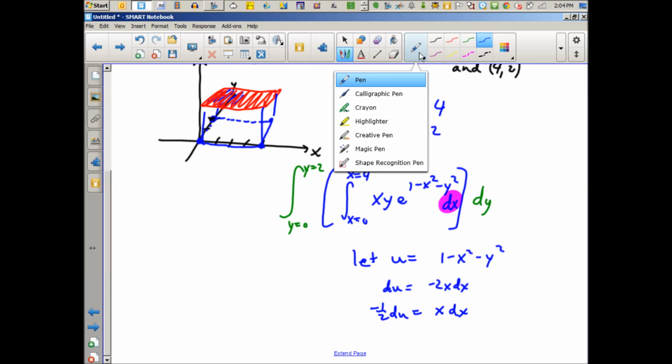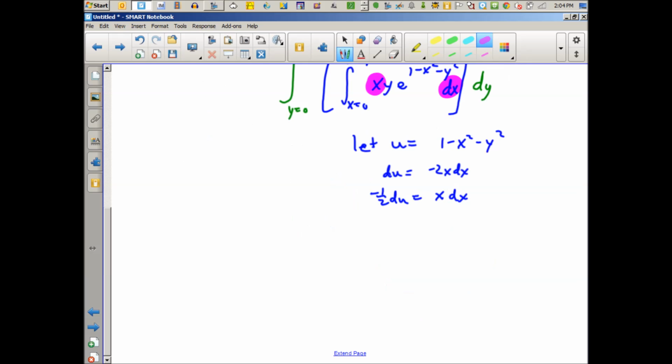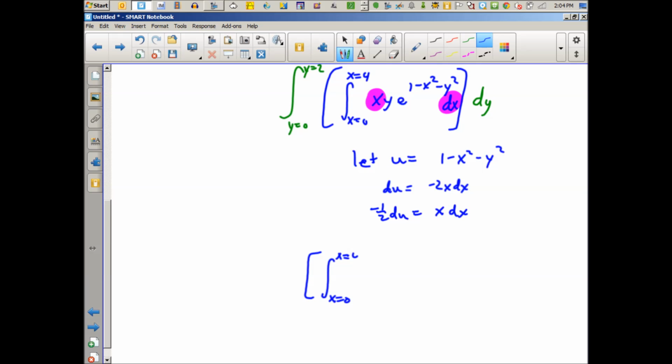Well, I have an x dx right here. Okay, so I think what I have here is basically a y e to the u du. Okay, so our integral looks like this now: y e to the u du.